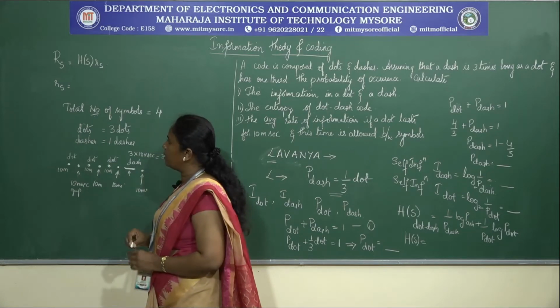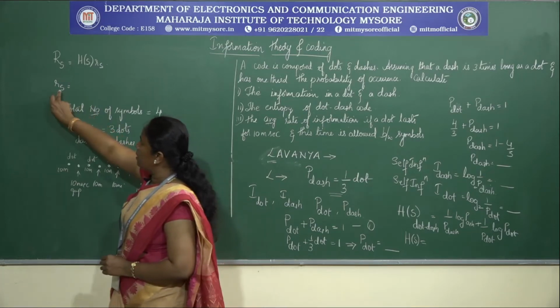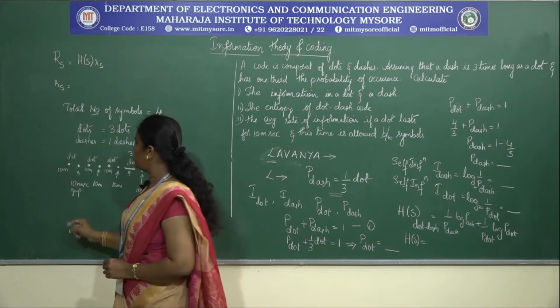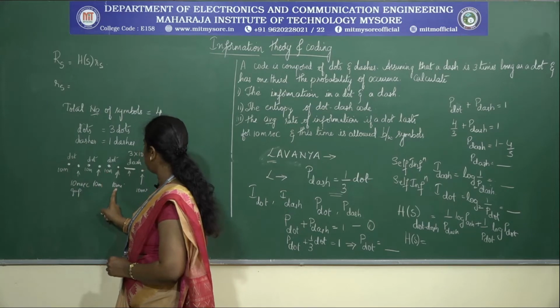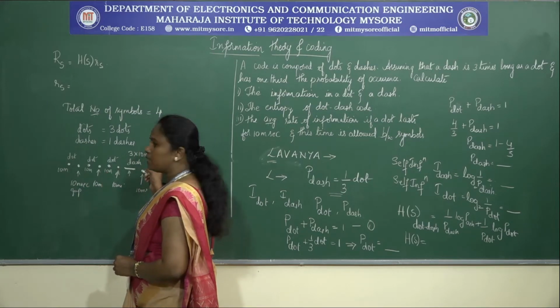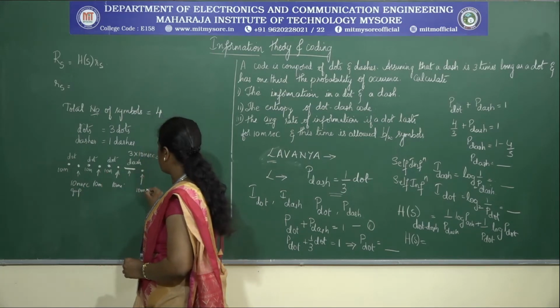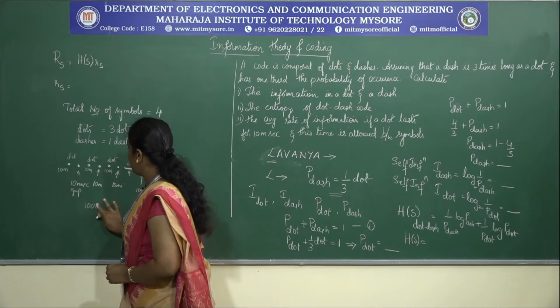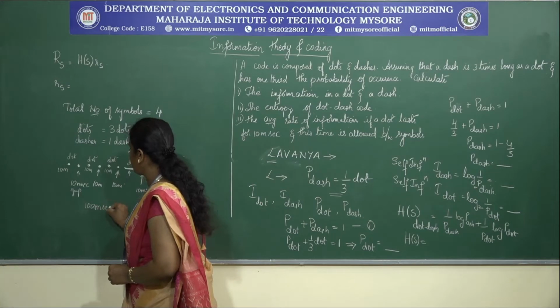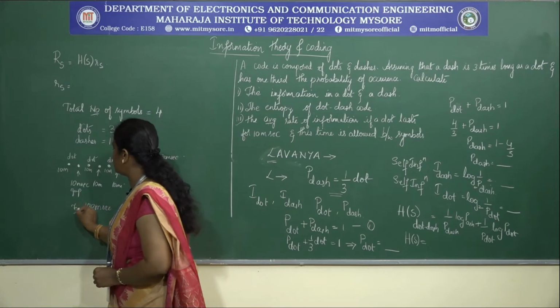So what is the total time we are going to get here? It is 10, 20, 30, 40, 50, 60. 60 plus 30 is 90, plus 10 millisecond, so totally we are going to get 100 millisecond. This is your RS value.